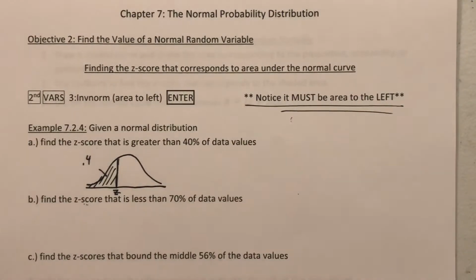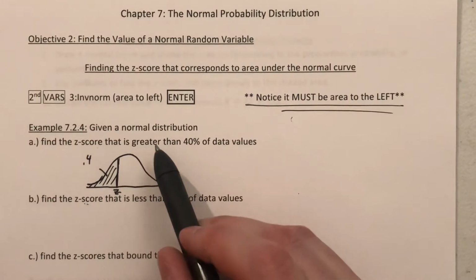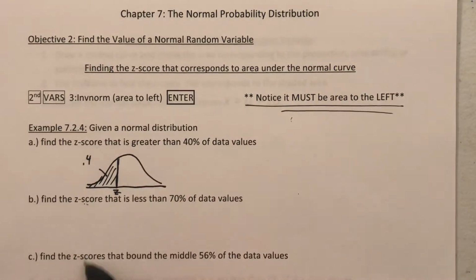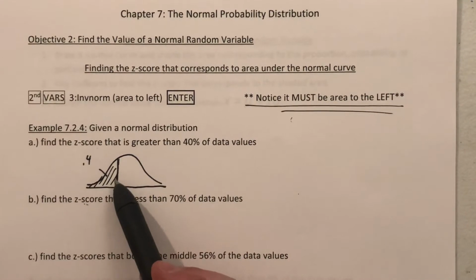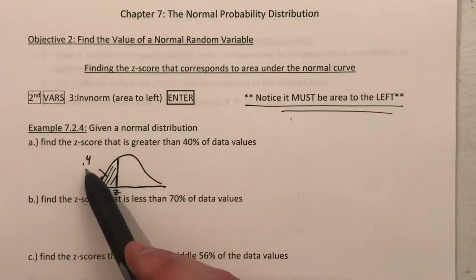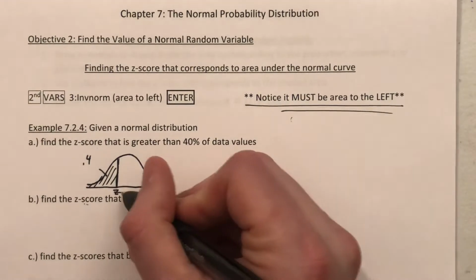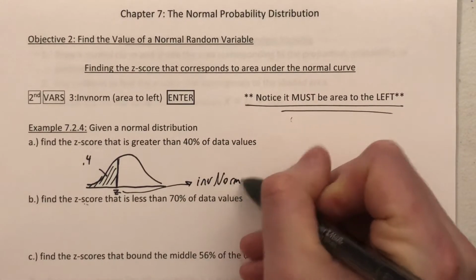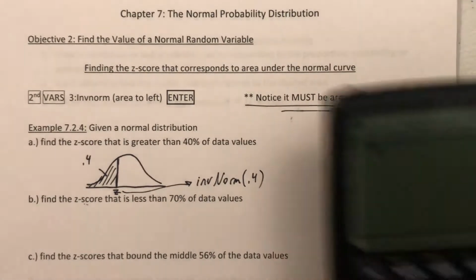So read carefully when you're reading any question and make sure you don't just default to shading the direction that the word looks like it shades. So all these are relating the z-score to the data values. Now, once you've got that picture drawn, notice for this picture, 0.4 is the area to the left of that z-score. So to find that z-score, all I have to do is go to my calculator and use inverse norm and simply plug in the 0.4.